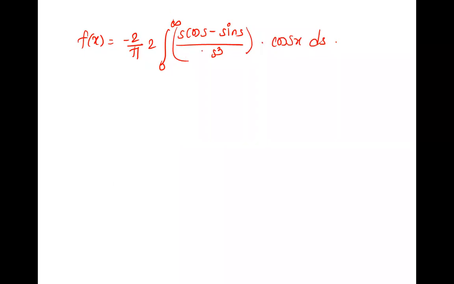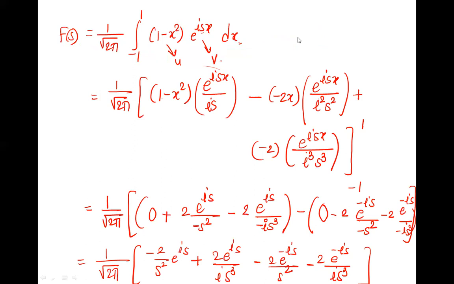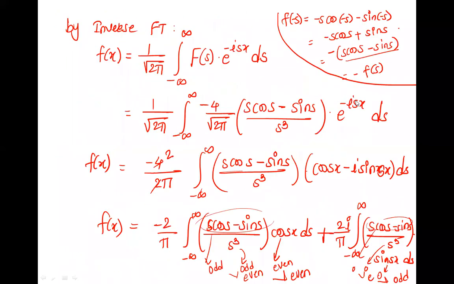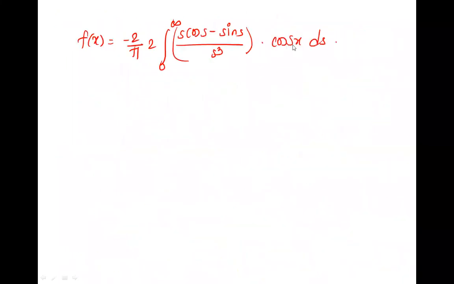Just check it, 0 to infinity, (s cos s minus sin s) upon s cube into cos s by 2 should be there. Check, it is x by 2. If x is s, this should be s by 2, so it should be s by 2 here.